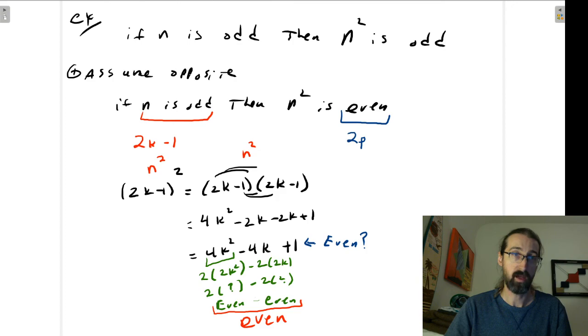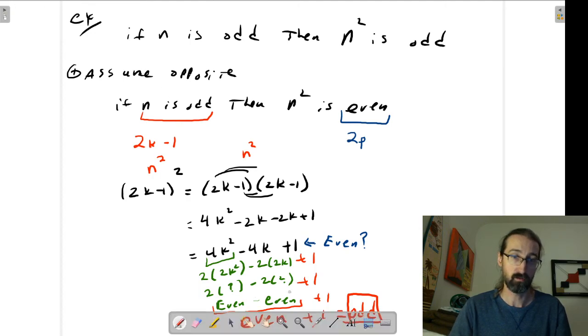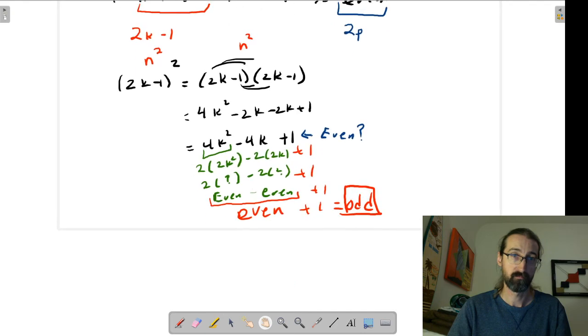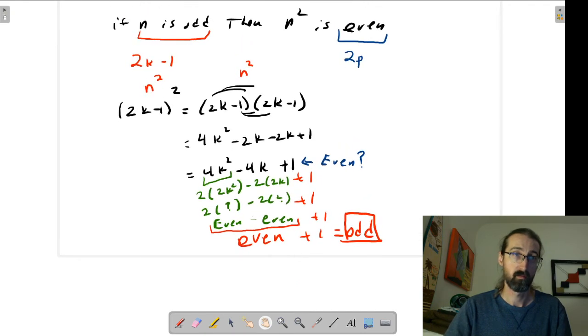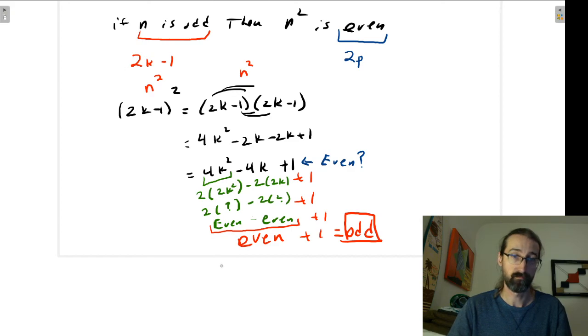And if I do that, plus 1, I have this plus 1, that's going to be odd. And that is a contradiction. That is my contradiction. This is my contradiction.